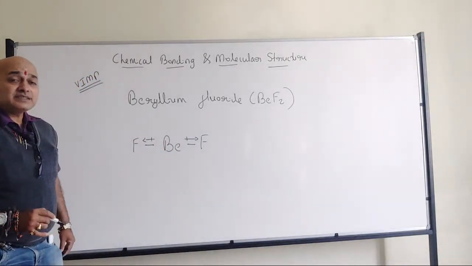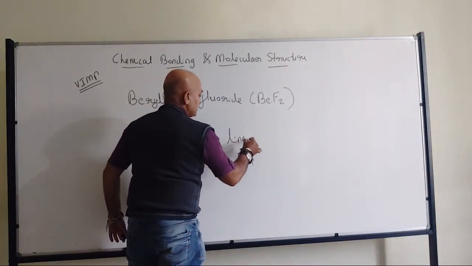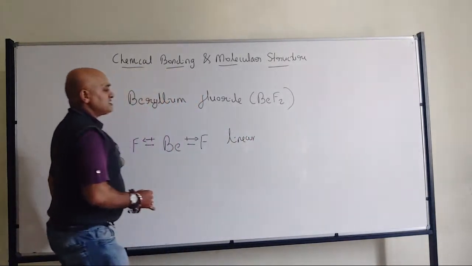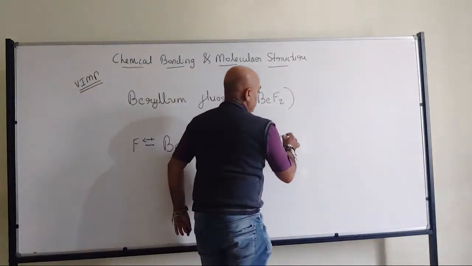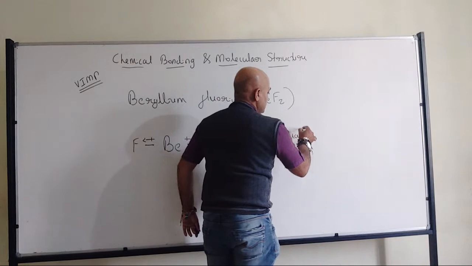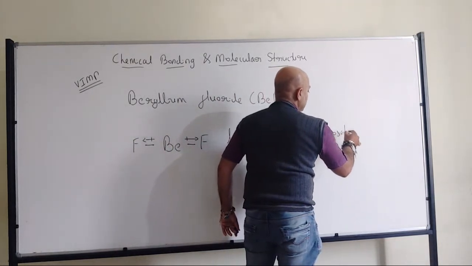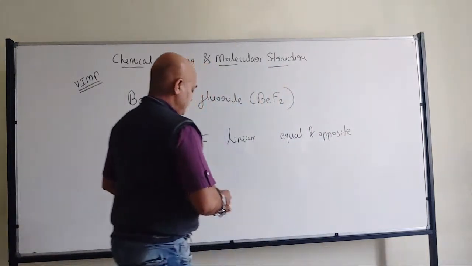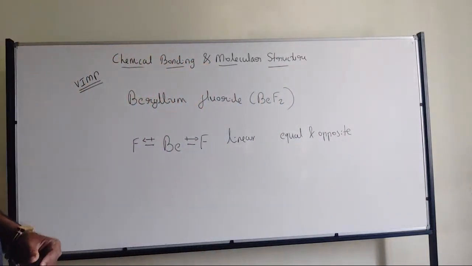Since beryllium difluoride is having a linear structure, due to that, there will be equal and opposite dipole moment. If you don't remember linear, no worry, but you should mention equal and opposite word.